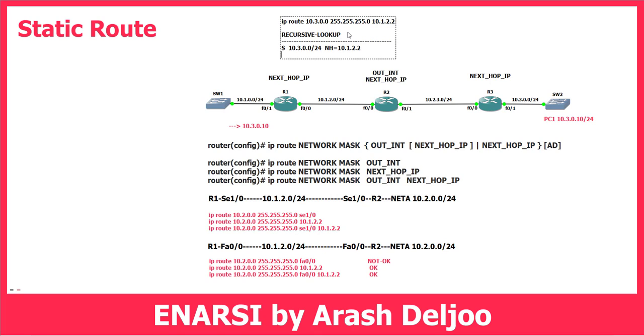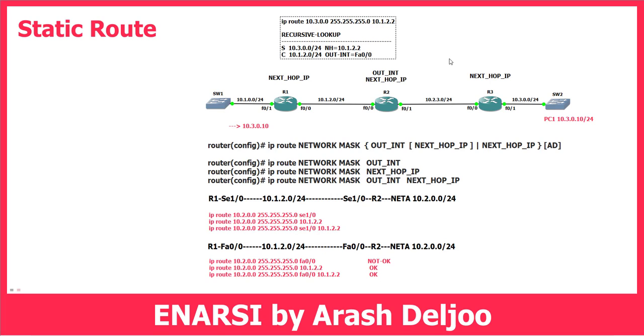It's okay. But also we have one connected network. The connected network points to the network 10.1.2.0/24. What does it mean? It means that when you have the next hop 10.1.2.2, with a recursive lookup, meaning the second lookup, you can find that 10.1.2.2 is reachable over FastEthernet 0/0, because this is connected to the FastEthernet 0/0 interface, the outgoing interface.